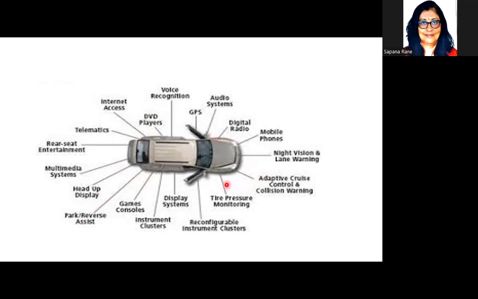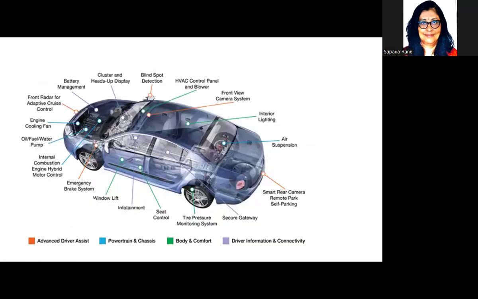So in one car, you may have a number of embedded systems installed. From this, you can have an idea how the embedded system has spread in our day-to-day life. Here also you can observe some more applications of the embedded system in the car.